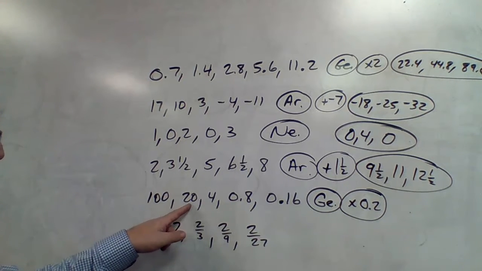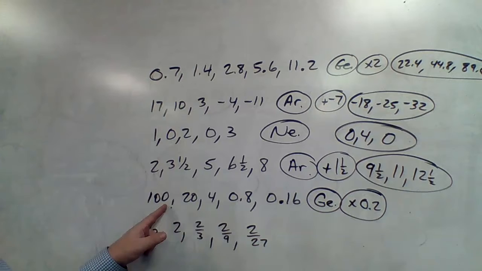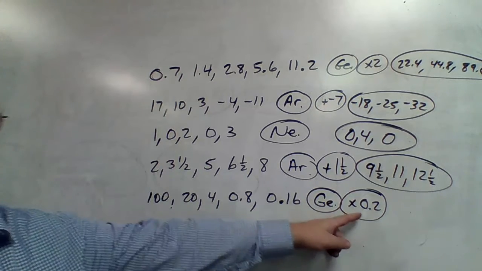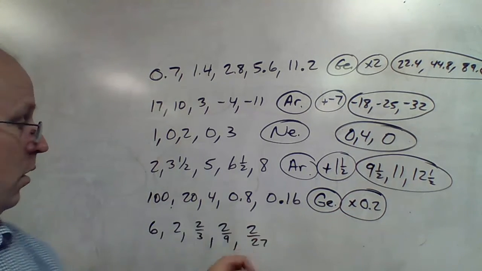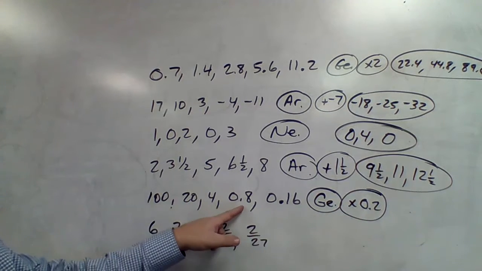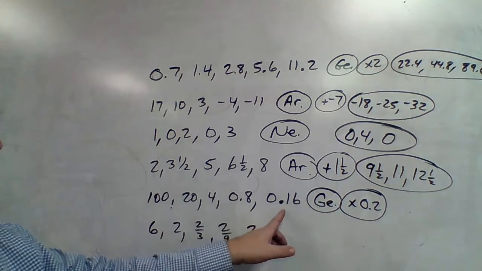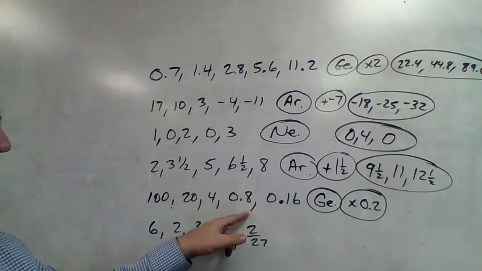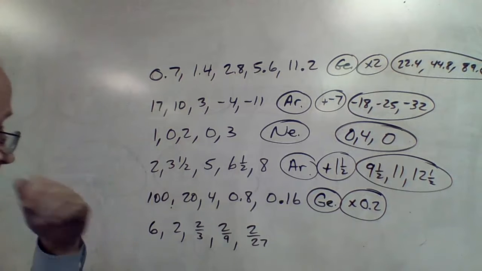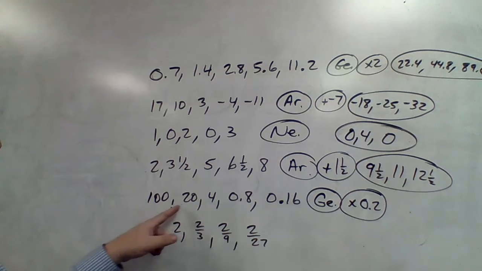I bet if you take 20 and divide by 100, now notice I said 20 divided by 100, you're going to get 0.2 as your answer on a calculator. Or if I took 4 and divided by 20, I'm going to get 0.2. If I did 0.8 divided by 4, I'm going to get 0.2. If I took 0.16 divided by 0.8, I'm going to get 0.2. Why? Try 100 times 0.2, you're going to get 20.